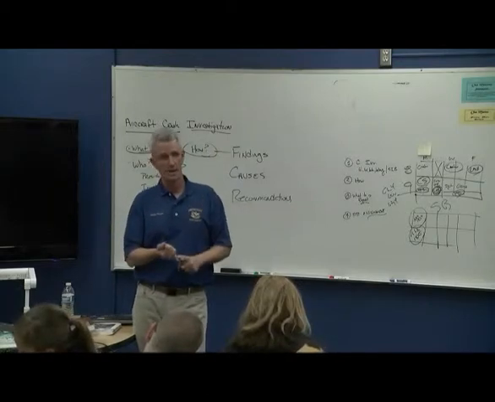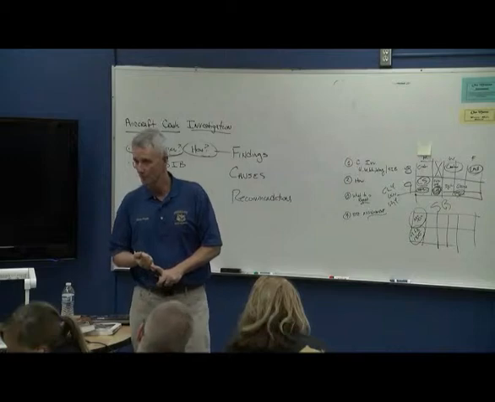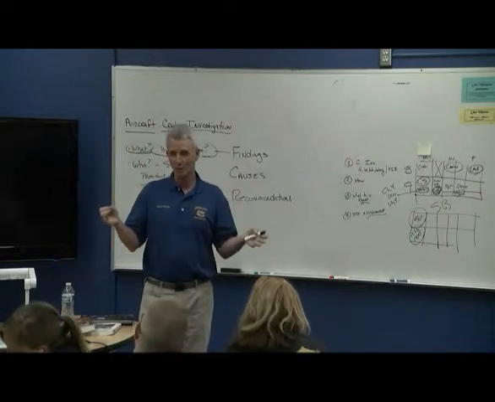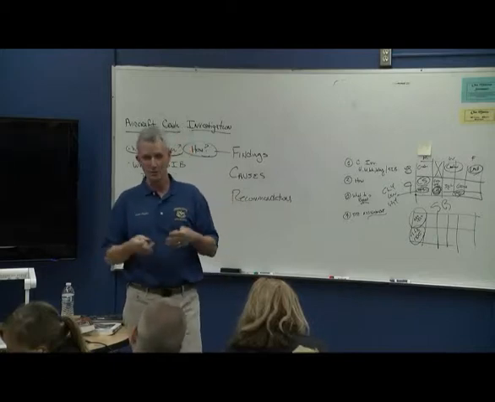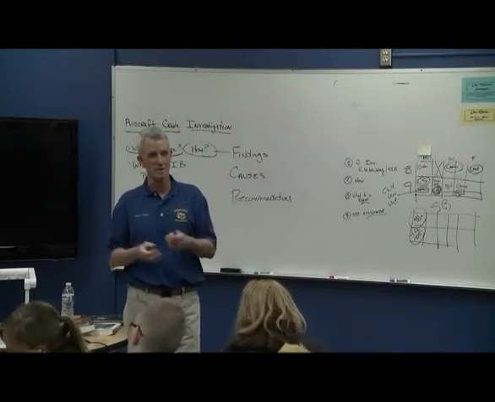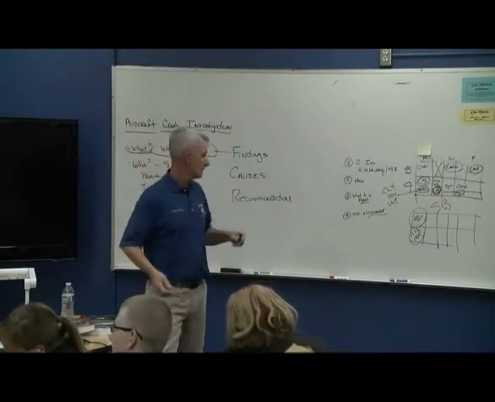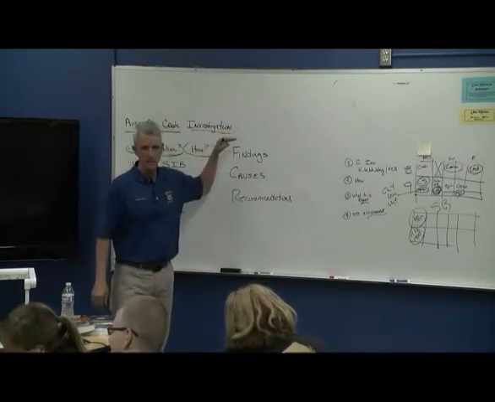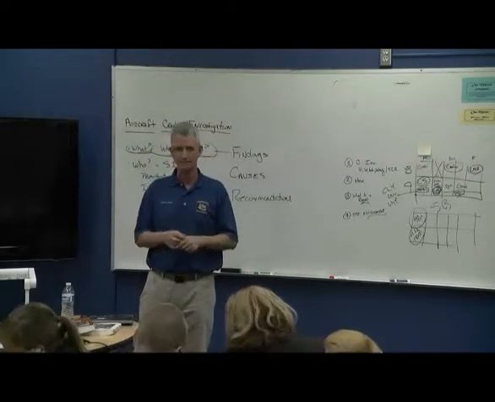Or the pilots drank to excess and were drunk the night before. And they ignored FAA rules and flew the next morning when they were still under the effects of alcohol. That can be the findings. The findings are a listing in order, in sequence, of everything that happened.